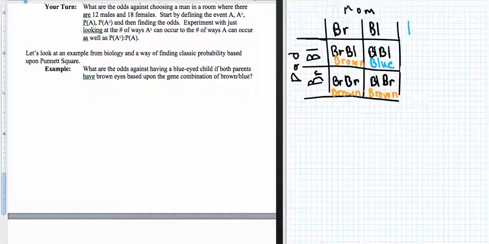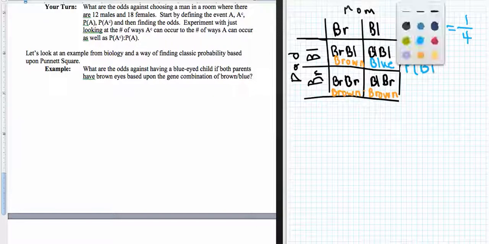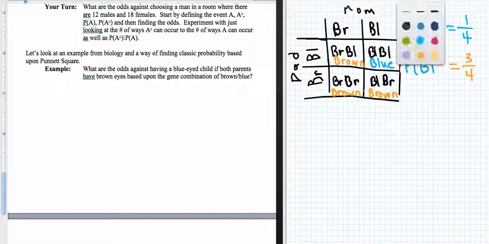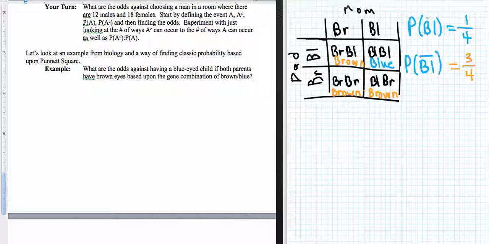And so what we have is the probability of getting a blue-eyed child looking like 1 in 4, whereas the probability of getting a not blue-eyed child, in other words that brown-eyed child, right, let me put this in orange, this one equals 3/4. And so that is going to represent our 2 possible mutually exclusive events. You're either blue-eyed or you're brown-eyed. We're not looking at codominant traits here. We're just looking at these as being strictly dominant and recessive.